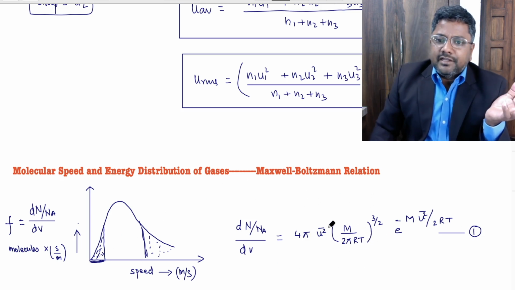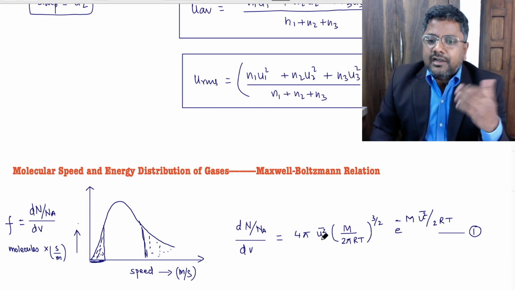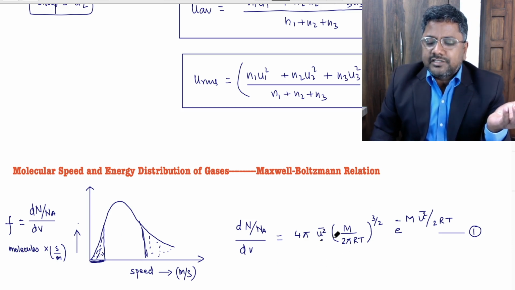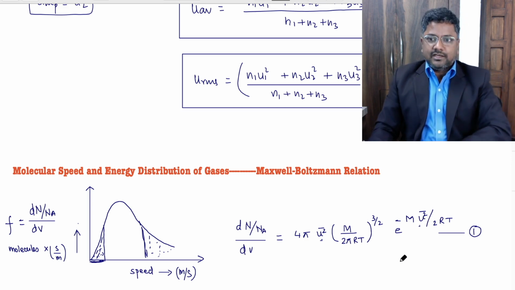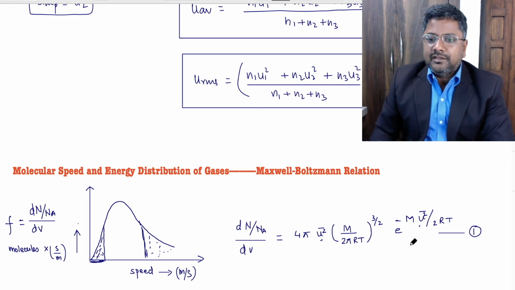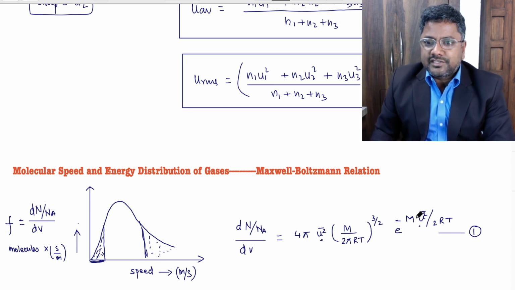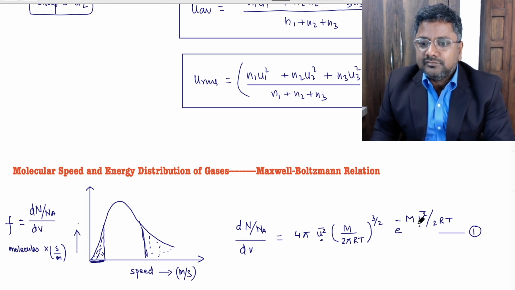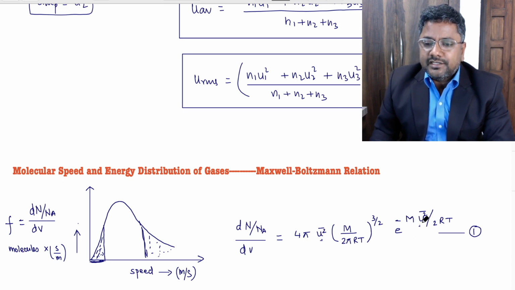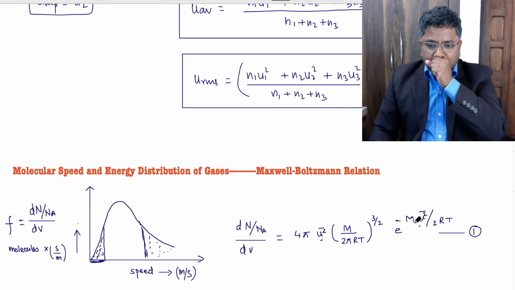So at a given temperature, for different gases, you have this variable U bar square. This variable is present in two different states.